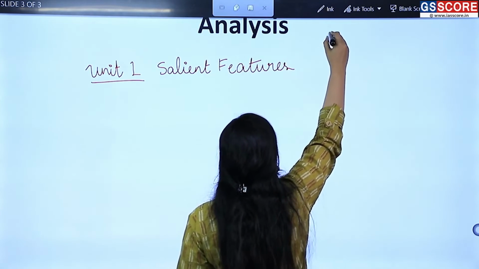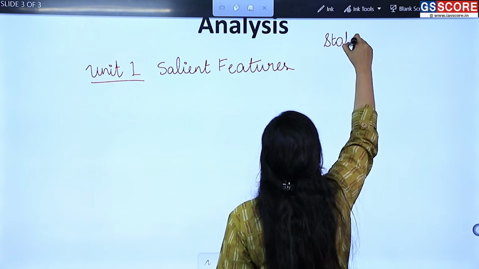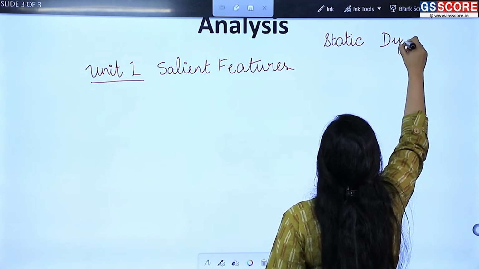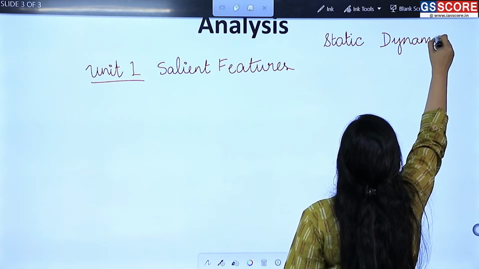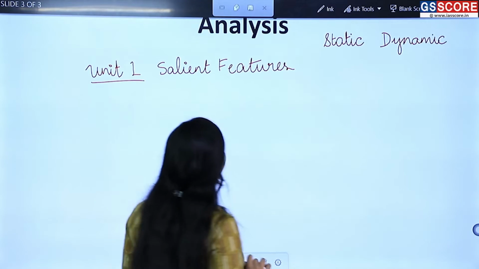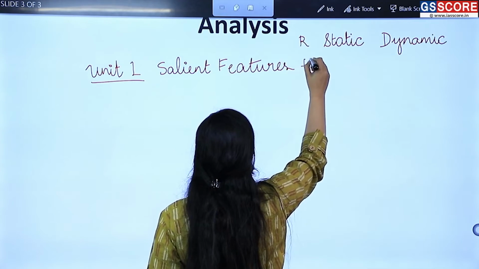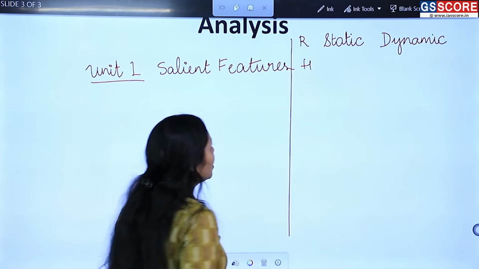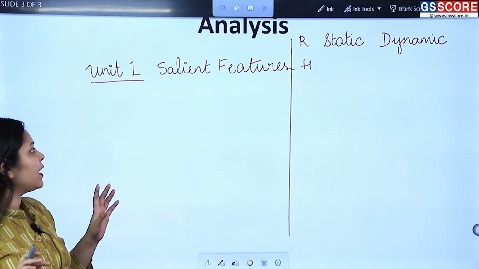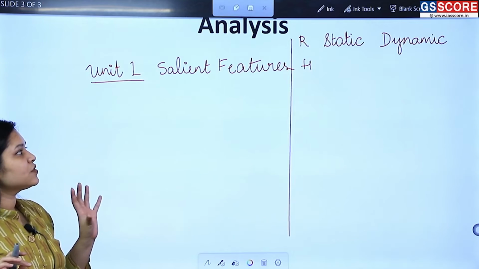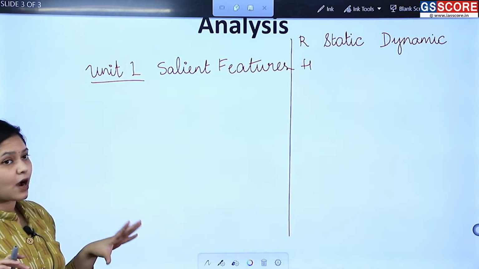Let us see whether our preparation needs to be static or dynamic for this section. We have already seen that in terms of relevance, this is a highly relevant section, because every year barring 2016, we have seen that questions from this section have been repeatedly asked.